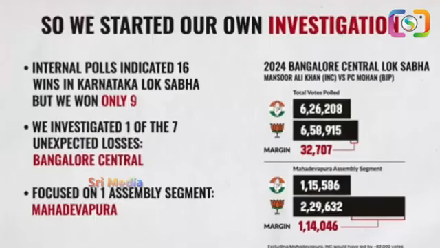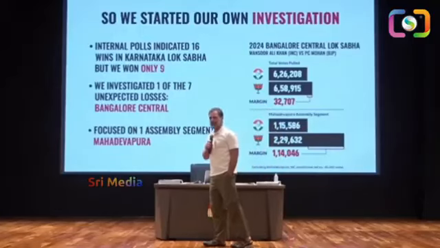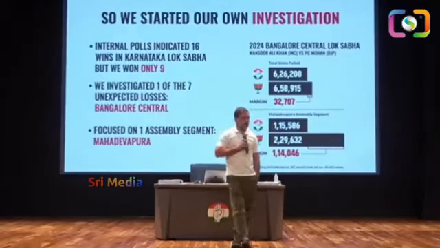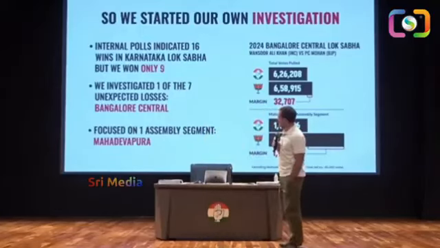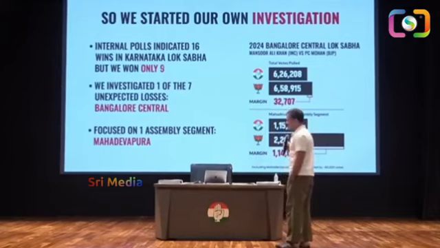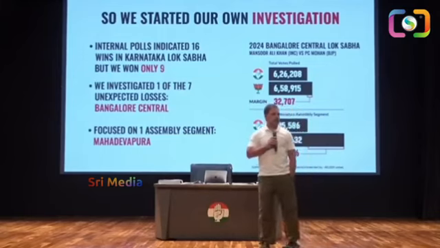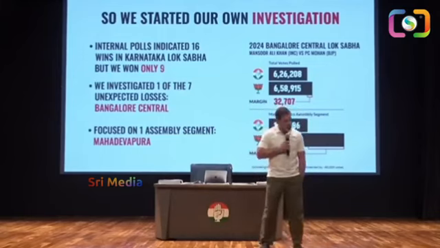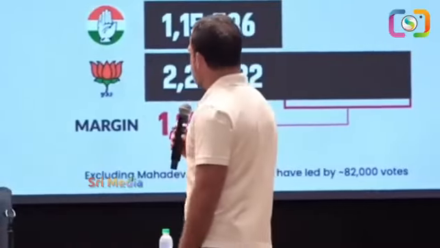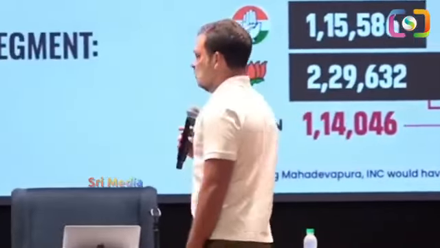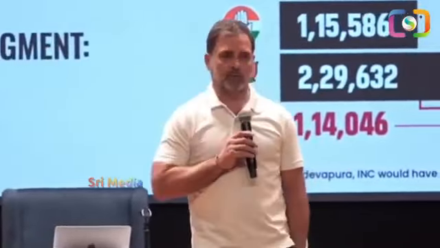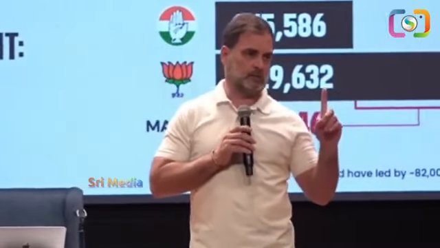Next. And so here is what we did. Our internal polling told us that we were expected to win 16 seats in Karnataka, and we won 9. So we then focused on the 7 unexpected losses, and we chose 1 Lok Sabha, and out of that Lok Sabha, our team said, we can only do 1 Vidhan Sabha.